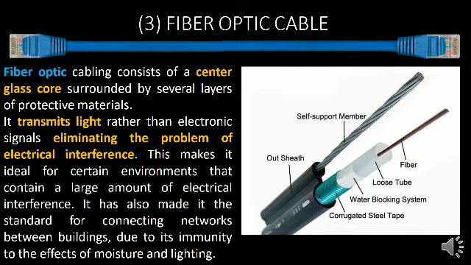It has also made it the standard for connecting networks between buildings due to its immunity to the effects of moisture and lightning. The parts of fiber optic cable: self-support member, outer sheath, fiber, loose tube, water blocking system, and corrugated steel tape.